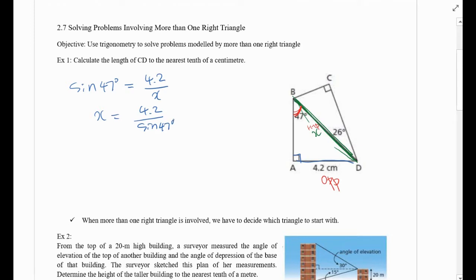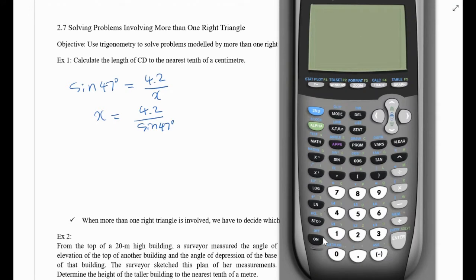Let's put this into your calculator to find X. All right, 4.2 divided by sine 47 degrees, and that is 5.74. So X is 5.74.